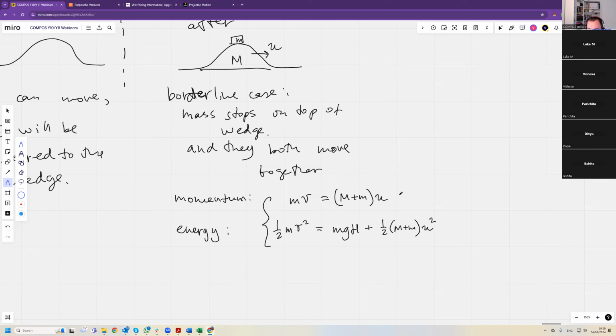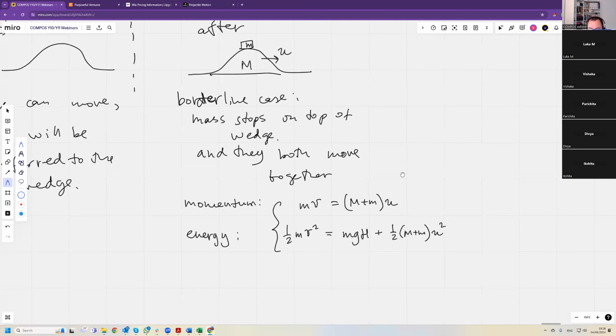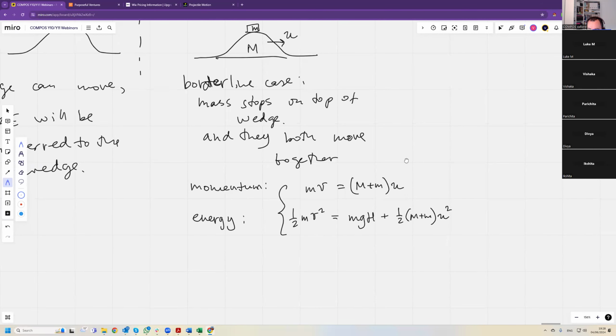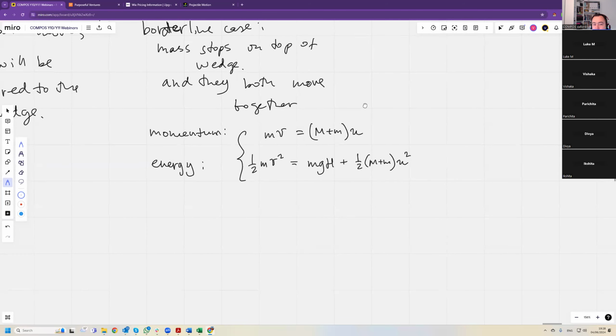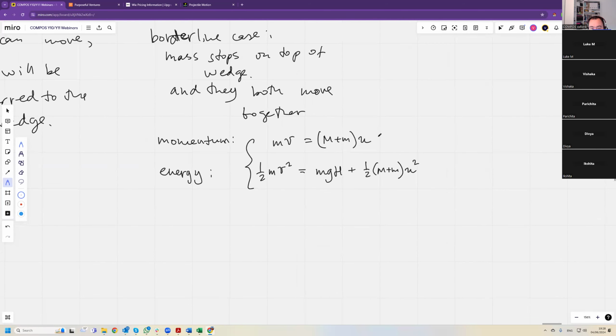So v is the minimum speed, so we're not substituting v at the moment. We're looking for v. From the momentum equation, 1v is equal to 6u. So u is, that's fine, we can find u.